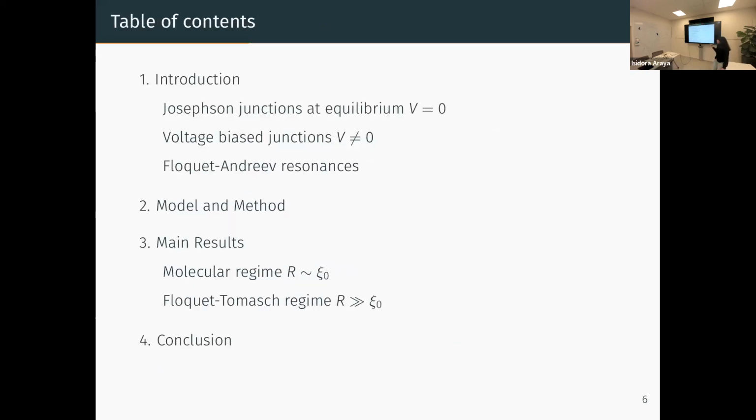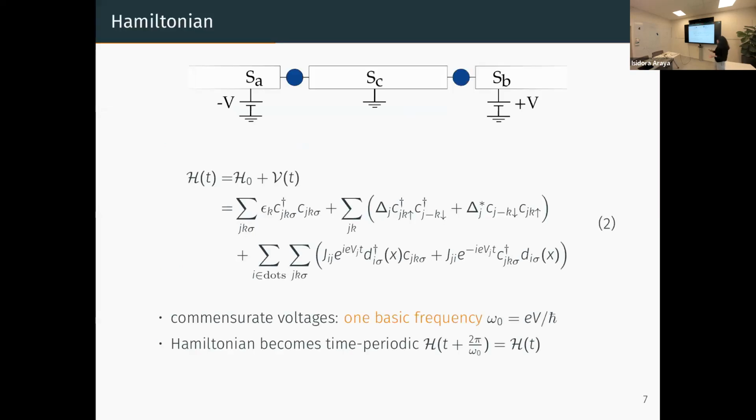So the program is that I will briefly show some equations to show you the model and the method we use, and then show you some nice plots. So just so we can have an idea what I'm talking about, I have these 3 superconductors.